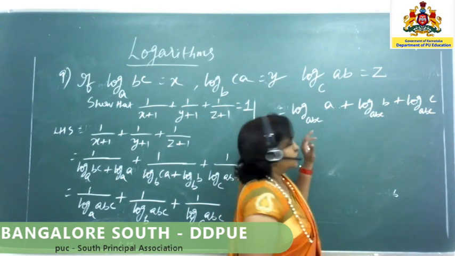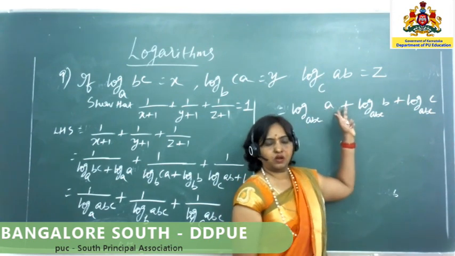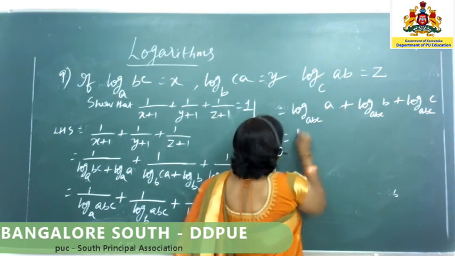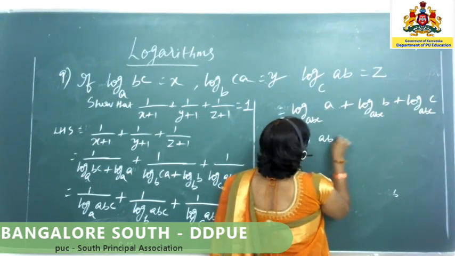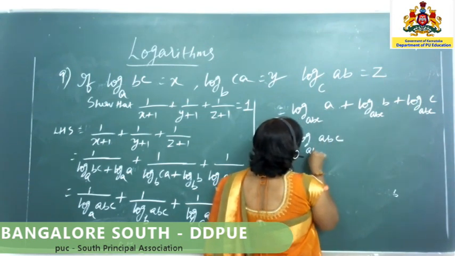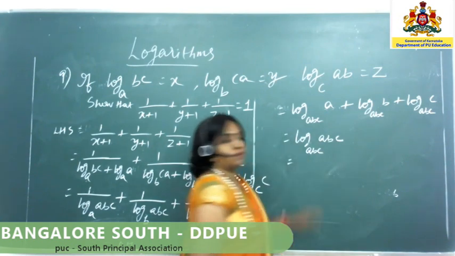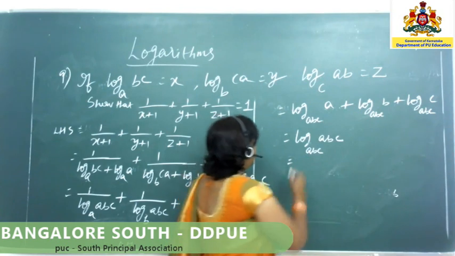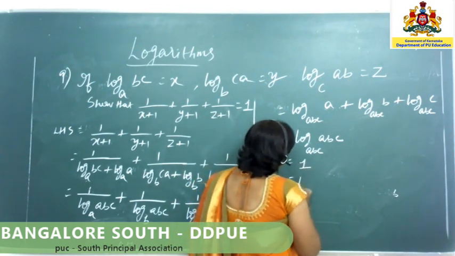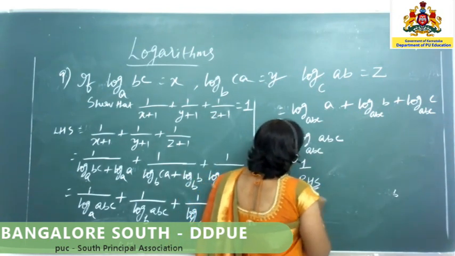Now again you know that log m plus log n is log mn. So this becomes log AB into C, so ABC to base ABC. So logarithm of any base to the same base, you'll be getting it as 1. So that is equal to 1, that is equal to RHS.